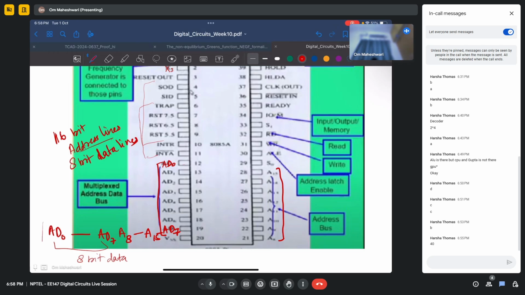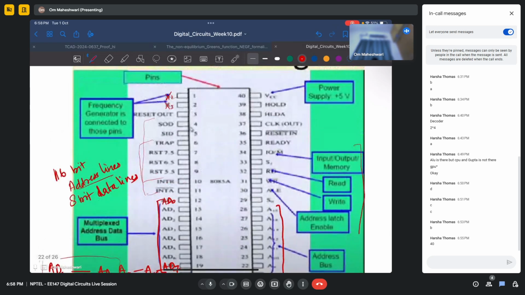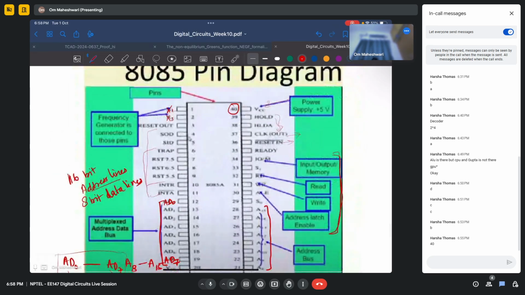Data is multiplexed in the first 8 bits of address lines. Then some control options: enable, read, write, and everything. Output, reset, some delay, and the power supply pins. So there are total 40 pins, 1 to 40.